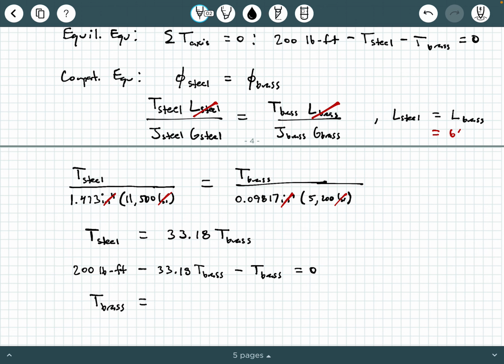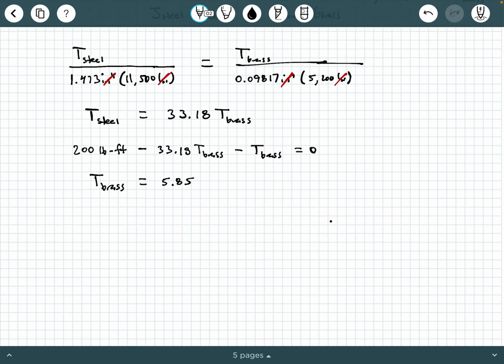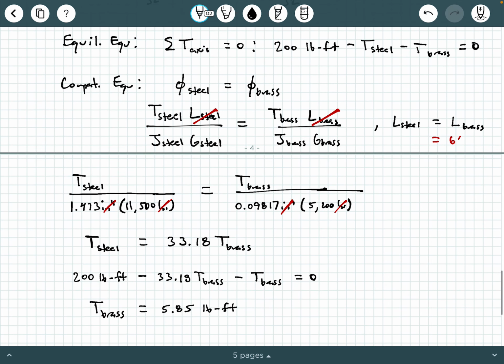And you see the negatives take care of themselves, so it becomes a positive. The 34.18 comes from 33.18 combined with this one coefficient here. And you should end up getting 5.85 pound-feet, okay? So that's T brass.